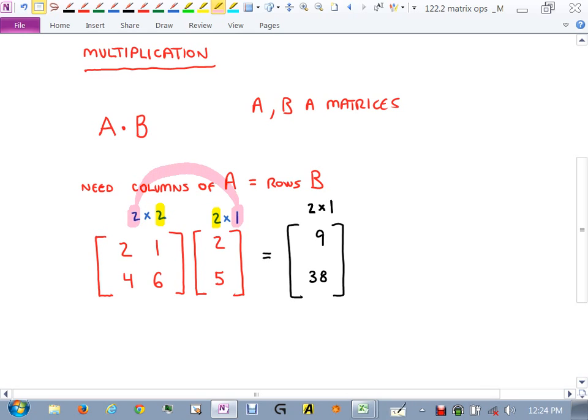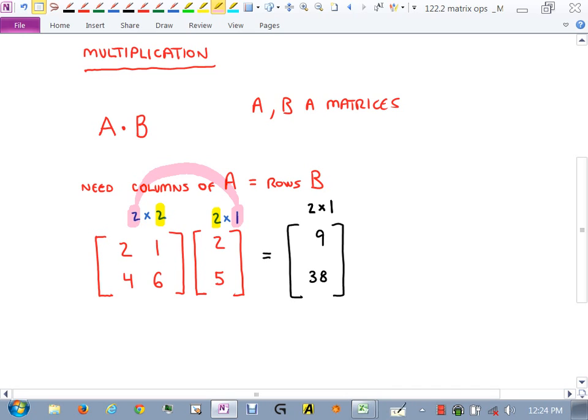The outside ones. In other words, if I had done a 3 by 2 with a 2 by 1, my answer would be a 3 by 1. If I had done a 3 by 2 with a 2 by 4, my answer would have been a 3 by 4 matrix.